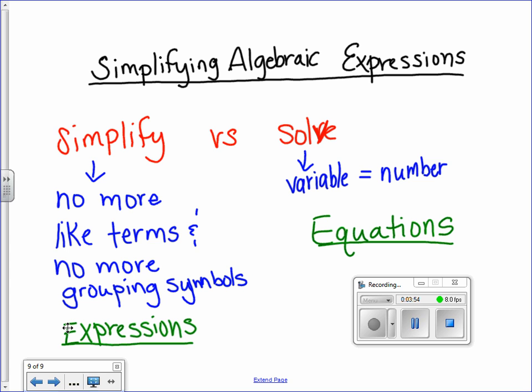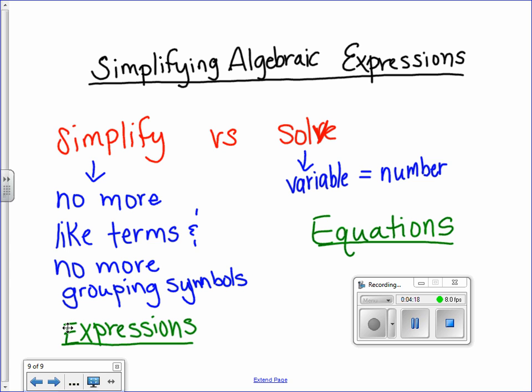Does anybody know the difference between an expression and an equation? Yes? Equation has an equal sign? Yes, thank you. An equation has an equal sign, okay? If it doesn't have an equal sign, you can't solve it. You can simplify it, but you cannot solve it.